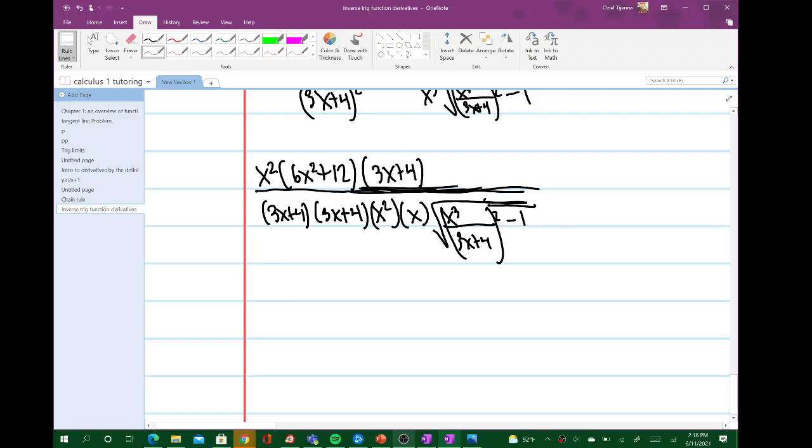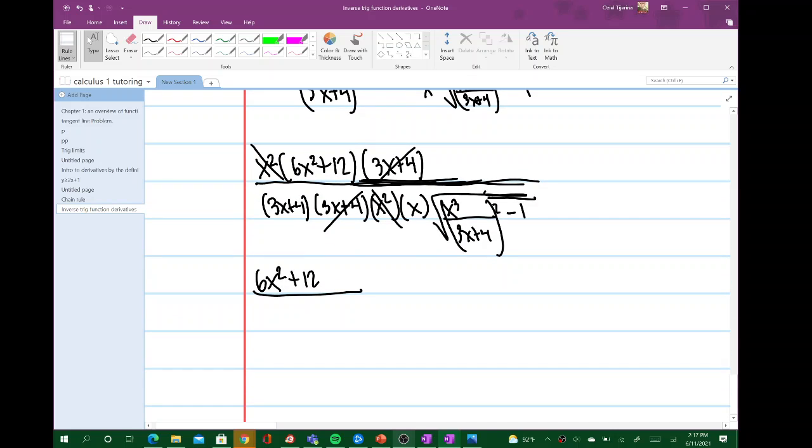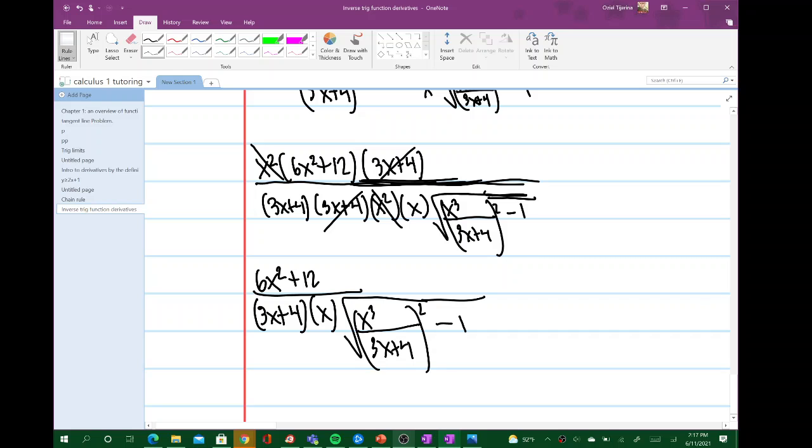So, okay, these two cancel out, and these two cancel out, so then you're left with 6x squared plus 12 over 3x plus 4 times x times the square root of x cubed over 3x plus 4 quantity squared minus 1.